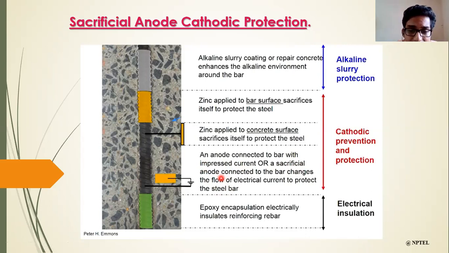We have to pass current through the circuit. But in the case of the sacrificial anode system, there is no need to give any extra current or flow of current. Once you install the anode into the system, the whole system will work automatically. So in brief, I will discuss what type of method it is.